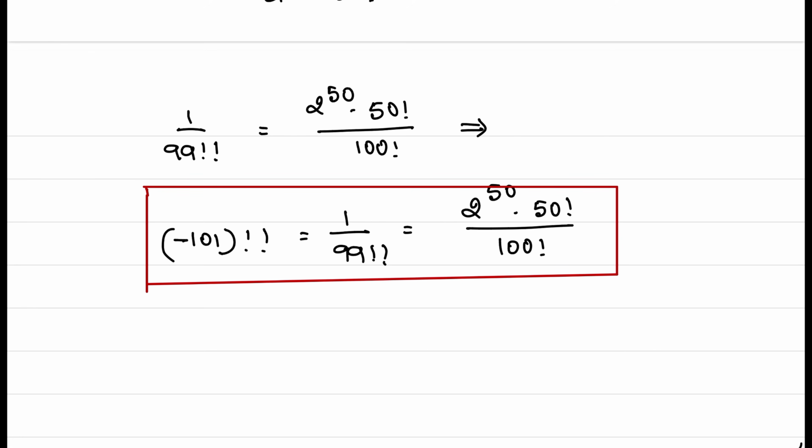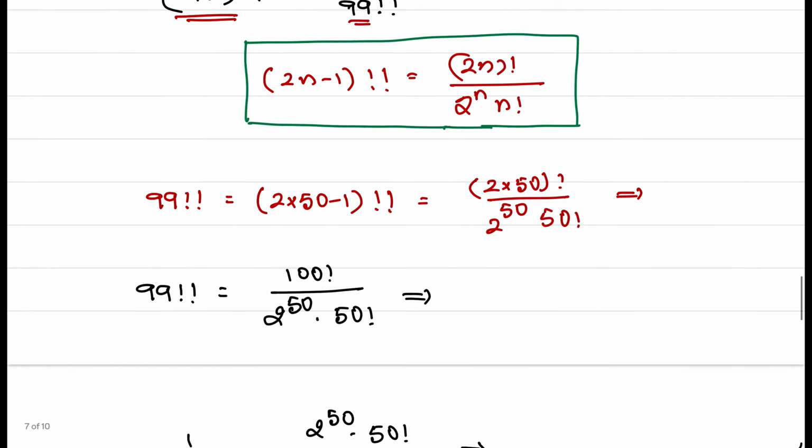If one of the answers in the examination is given as minus 101 or minus 10 or minus 2000 double factorial, and one of the answers will definitely be given as undefined, no, the value is defined. Double factorials of negative values are defined.